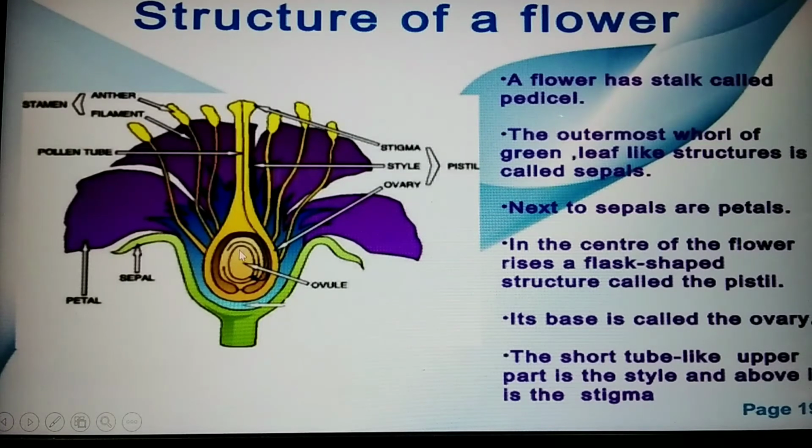The ovary and stigma are connected by a tubular part called style. The ovary contains a number of tiny, round, ball-like structures which are known as ovules.